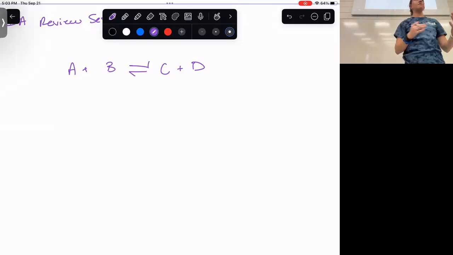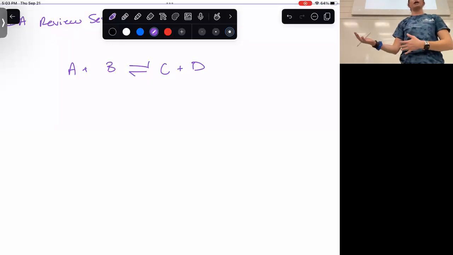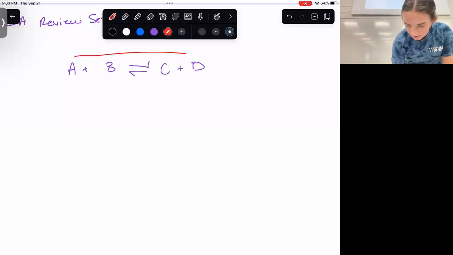But when we have equilibrium, that means that the reverse reaction is also happening in equal and opposite manner. This is probably the time of the semester you're going to start hearing me say equal and opposite a lot. Exothermic and endothermic are equal and opposite if you're talking about the reaction. If the forward reaction is exothermic, it's equal and opposite endothermic in the reverse reaction. So this way is the forward, but the reverse is also happening.